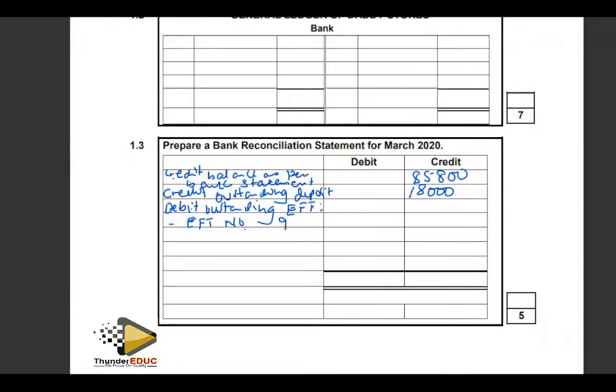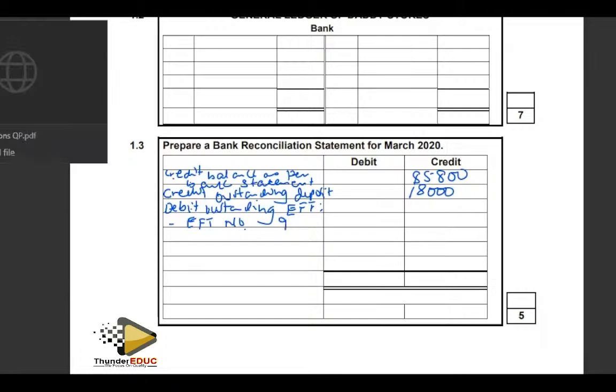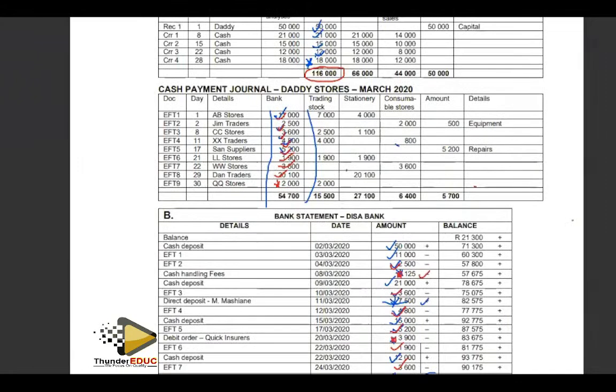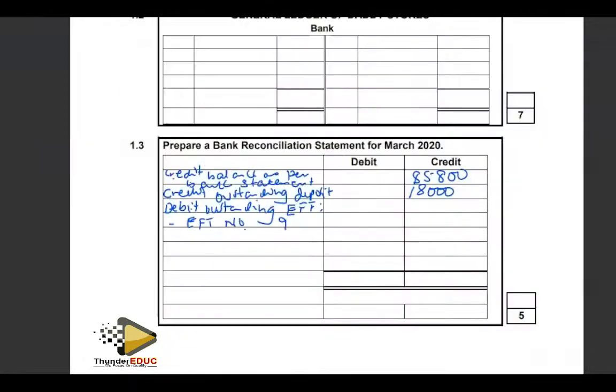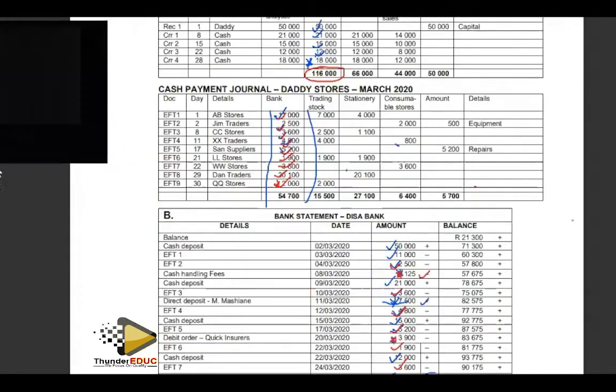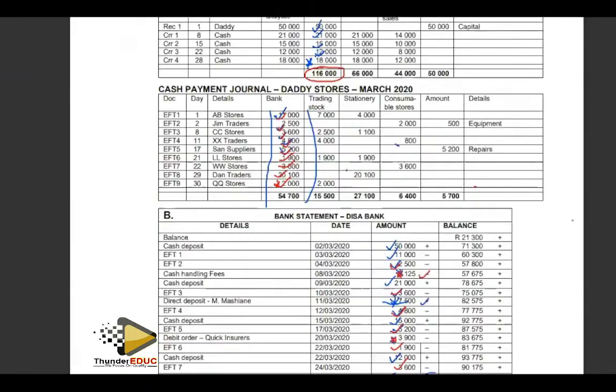How much was it for? Let me check. It was for 2,000 Rand, okay? So after recording it, now I'm taking it off to say that, no, I'm sorted with you. EFT number 9, it was for 2,000. So remember, we are paying, so we have to debit, okay? Then, is there anything? So after dealing with it, I'm going to come to that information which talked about it and sort it out, take it off, okay?